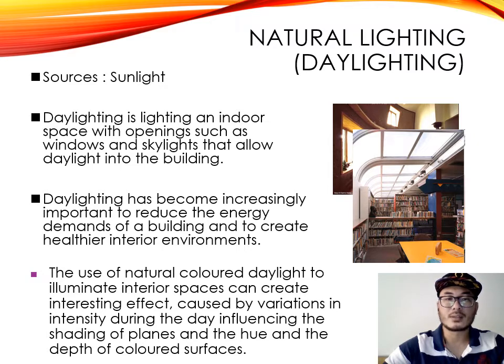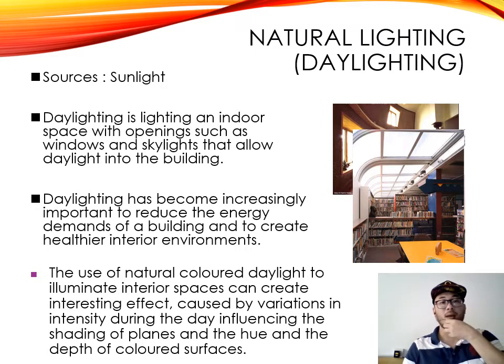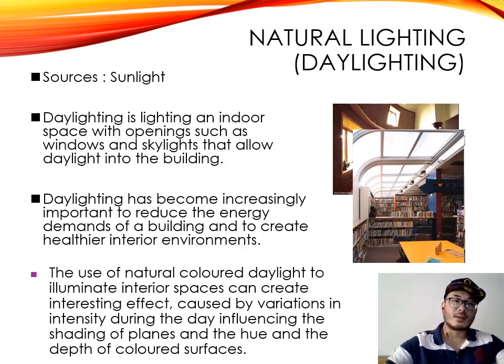Using natural daylight to illuminate interior spaces can create interesting effects caused by variations in intensity during the day, influencing the shading planes and the hue and depth of colored surfaces.